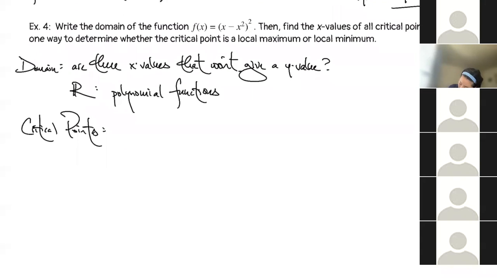So we're going to say y prime equals 0. All right, so we're going to take our derivative and we'll get that our derivative is, let's see, 2 times (x minus x squared) to the first power times, what's the derivative of the inside piece here?